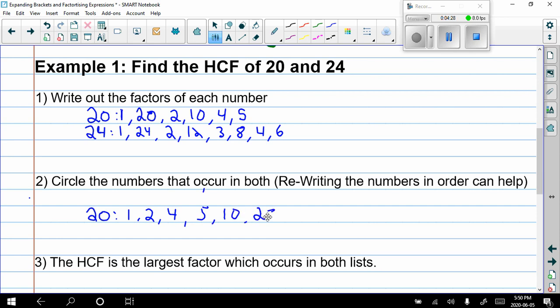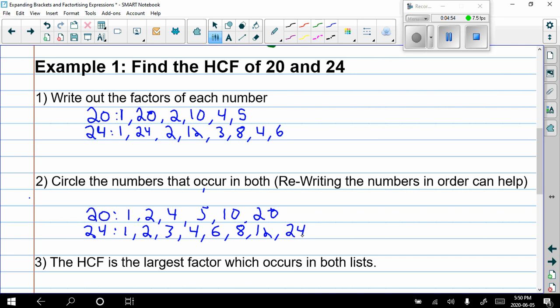And for 24, we're going to organize it as 1, 2, 3, 4, 6, 8, 12, and lastly 24.